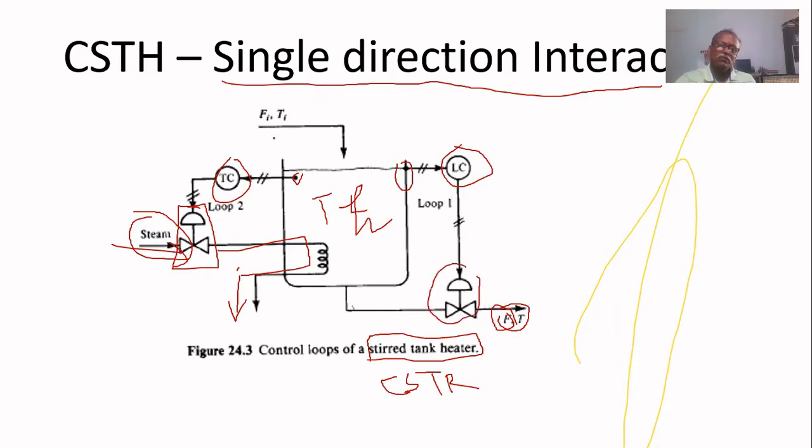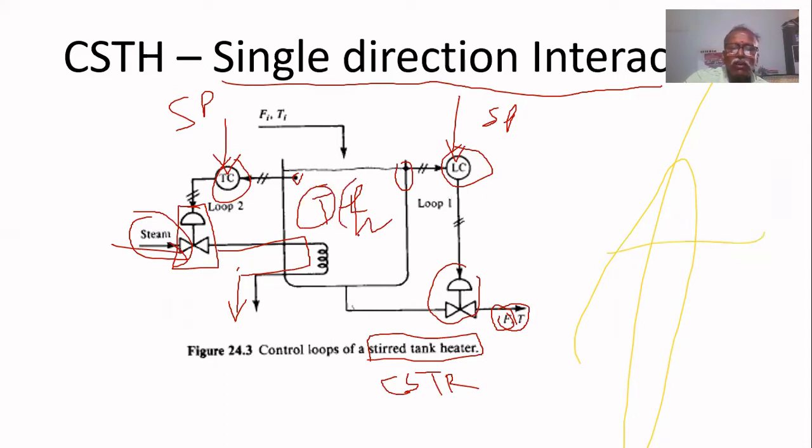There are two controllers. A set point is given to this controller, and similarly, another set point is given to this controller. These are the two control loops in that CSTR, one for temperature and another one for level.